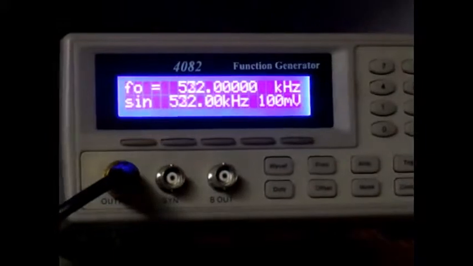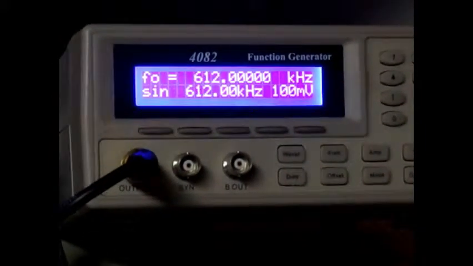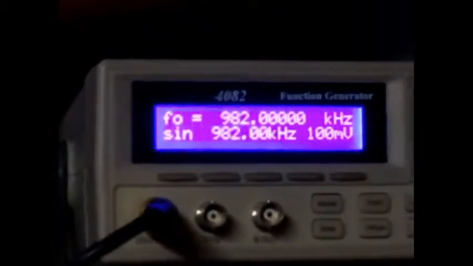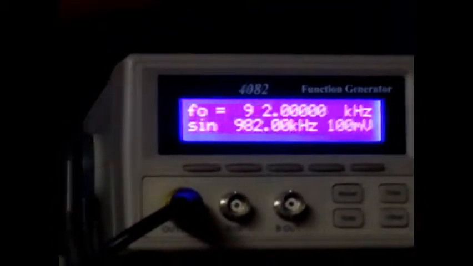So now the ratio remains almost constant, and the values are almost constant till 1 megahertz. These readings are captured over here in the Excel sheet.